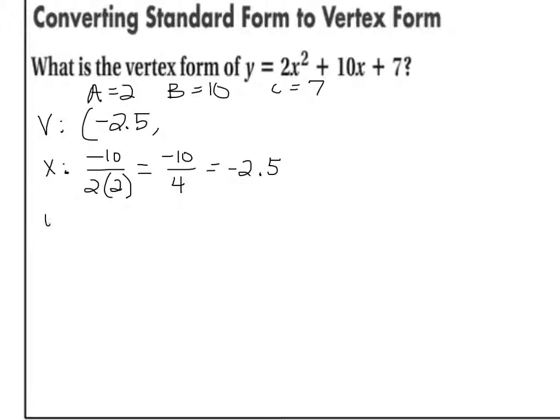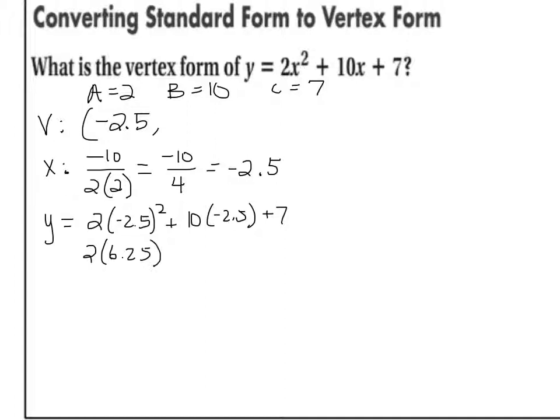The y value, I'm going to take that negative 2.5 and I'm going to plug it into the equation. Okay, so plug that in the equation. Negative 2.5 squared is 6.25, so this is 2 times 6.25. And then 10 times negative 2.5 is negative 25.